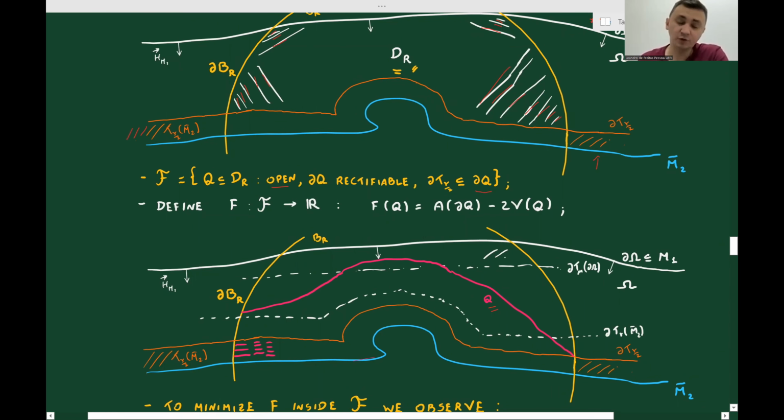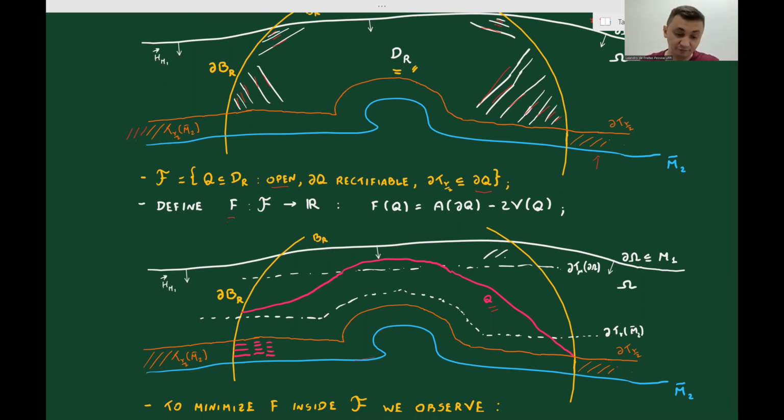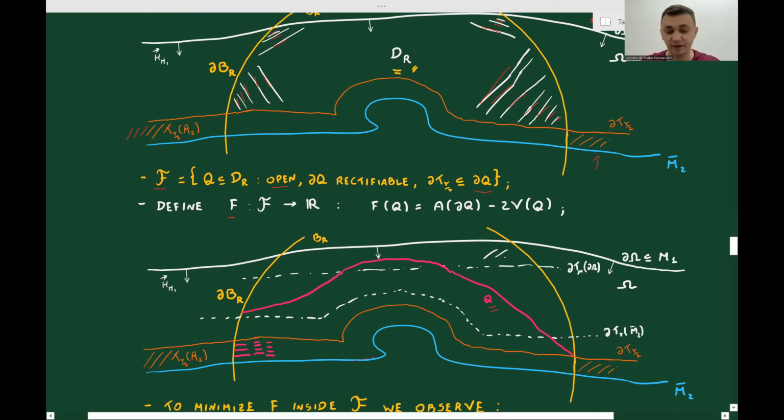And okay, so what is the idea? The idea is I would like to define a functional, which I will call F, acting over this family, the calligraphic F, and the functional is, of course, well known.